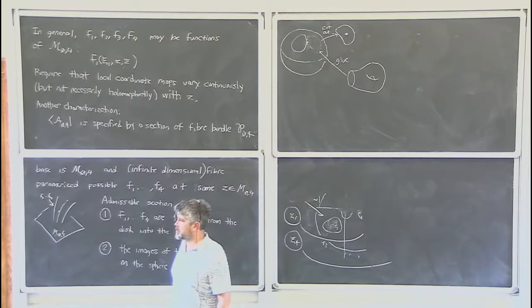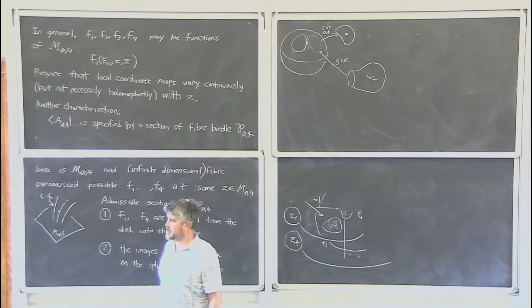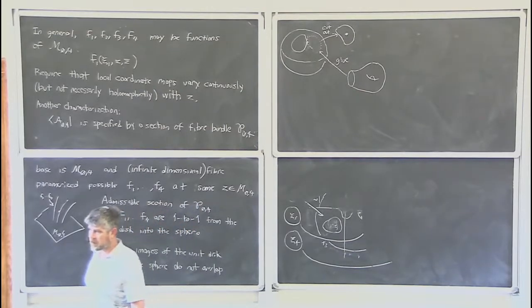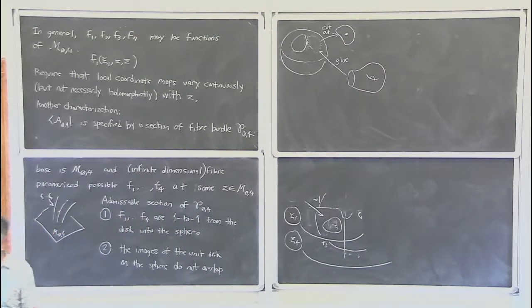Well, okay, you don't want the images to self-intersect. Yes, but if you have a handle, you could imagine that you map the boundary of a disk on a trivial cycle. Can you do such a thing? I would say, okay.